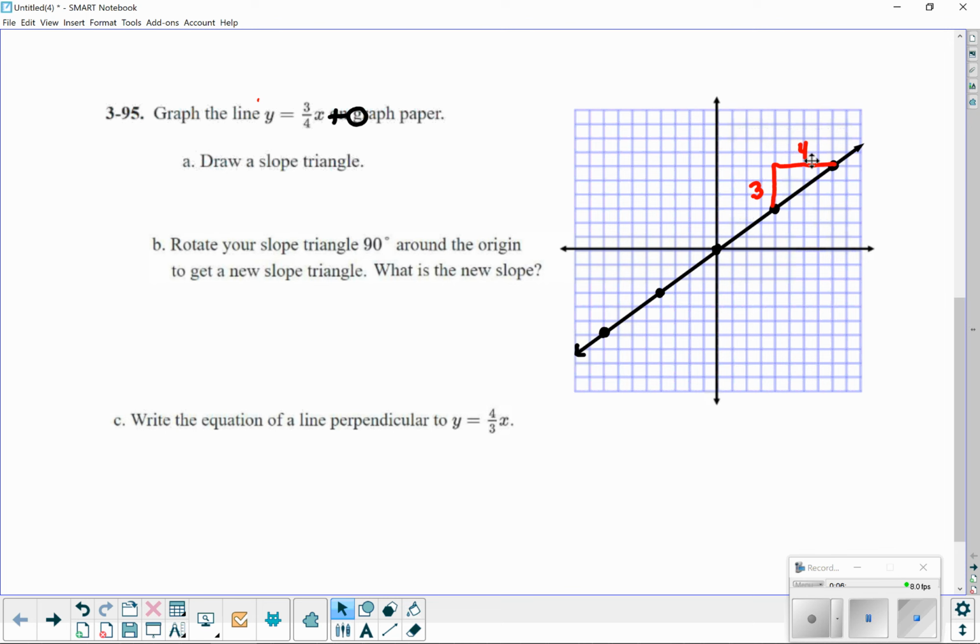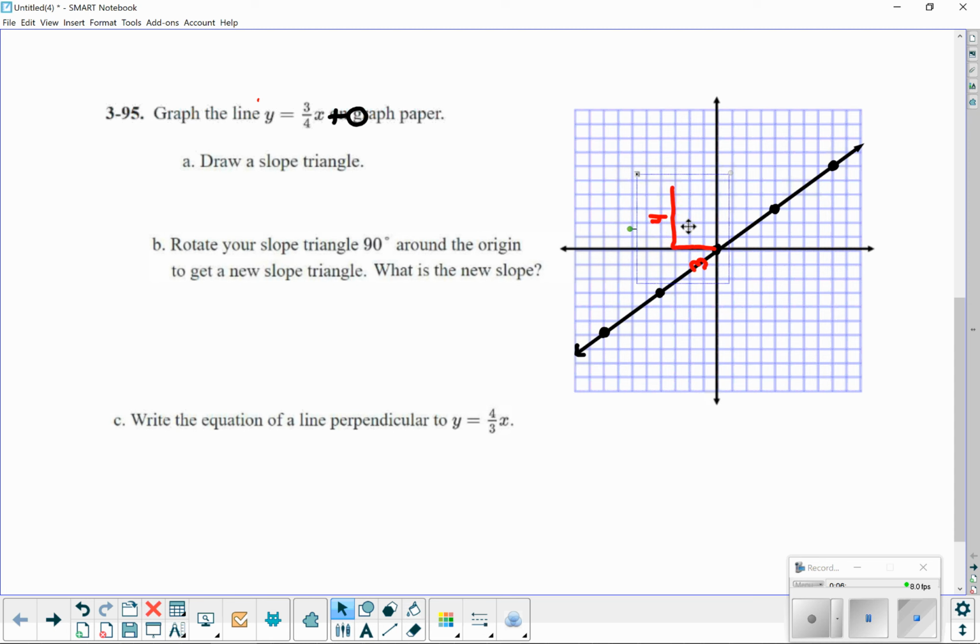So let's move it over, so it's right at the origin right here. That way it'll be easier. Now I'm going to rotate this 90 degrees around the origin. So I'm going to turn this way, and this is counterclockwise. Now I have this.